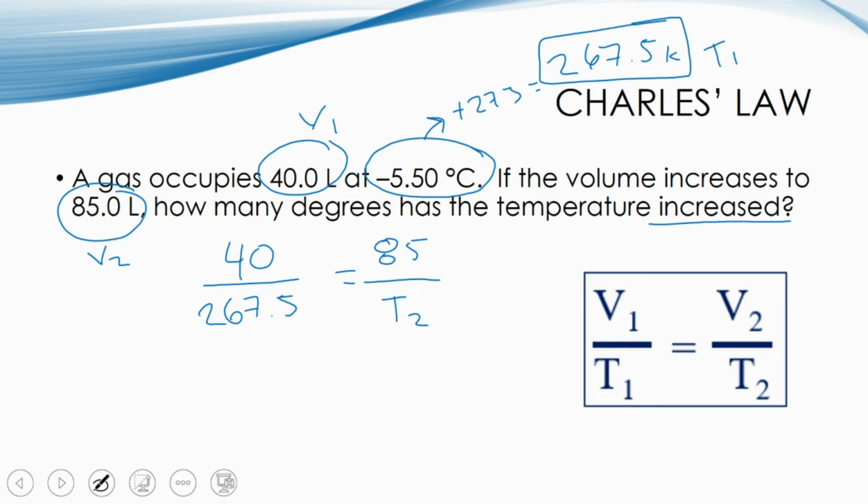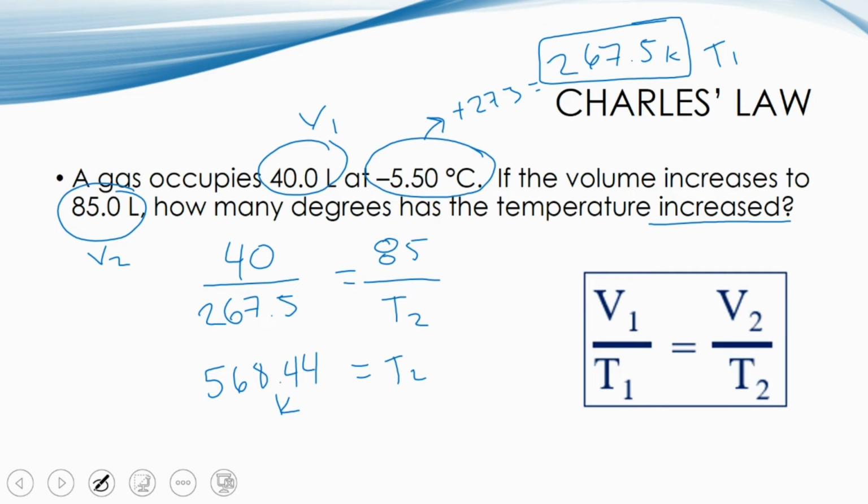Just like in our previous example, what we are going to do here is cross multiplication. So we're going to do 85 times 267.5, that answer divided by 40. So we end up with an answer for temperature 2 of 568.44, and I'm rounding there. That would be in kelvins as well.